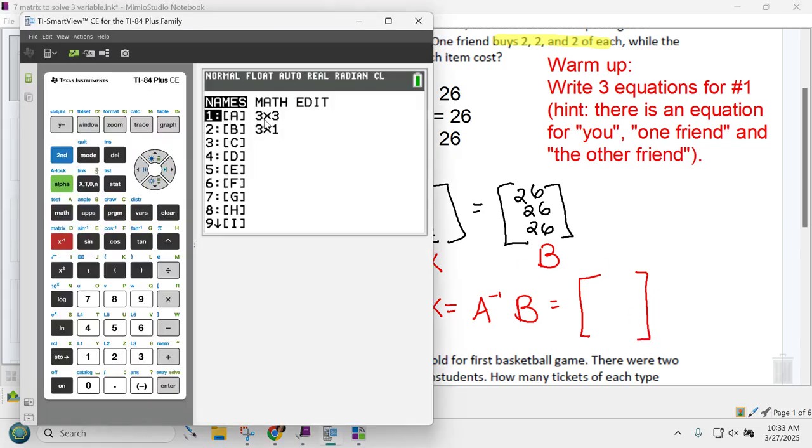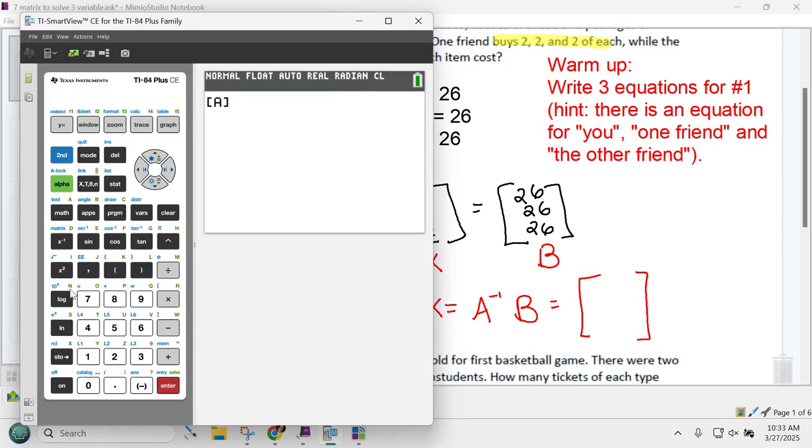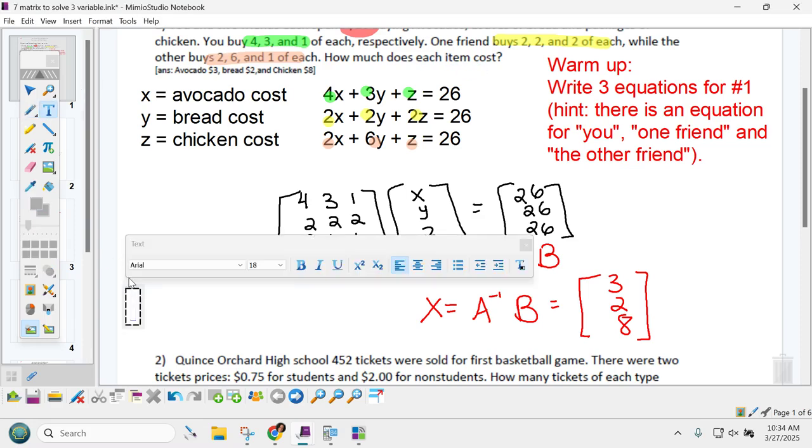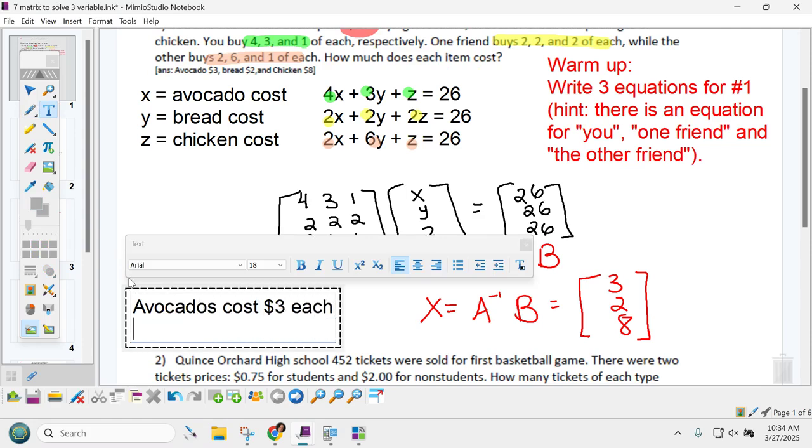We're going to stay on names, do matrix A. I need the inverse. Go back into matrix. Now I need matrix B. I get 3, 2, and 8. So what this tells us, how much does each item cost? Avocados cost $3 each.